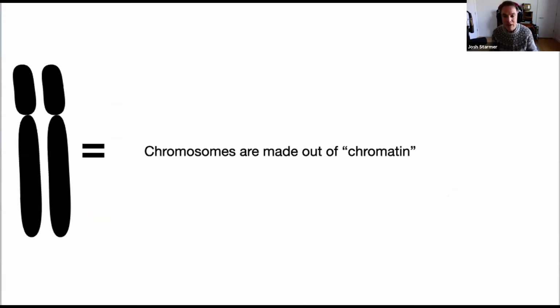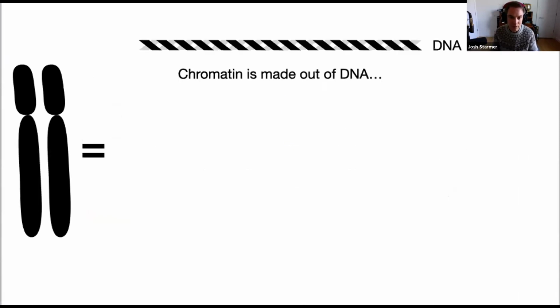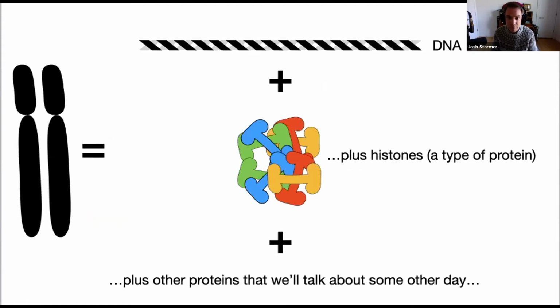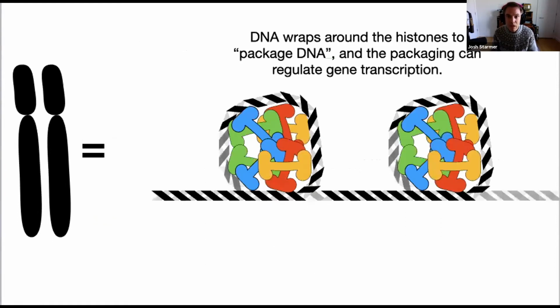Chromosomes are made out of chromatin. Chromatin is made out of DNA plus histones, which are a type of protein, plus other proteins that we'll talk about some other day. DNA wraps around the histones to package the DNA, and the packaging can regulate gene expression.